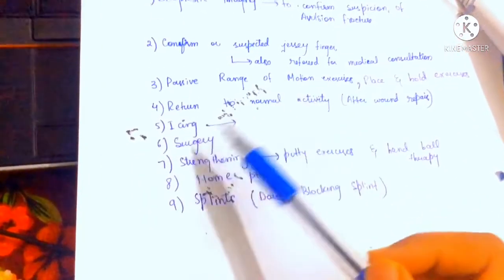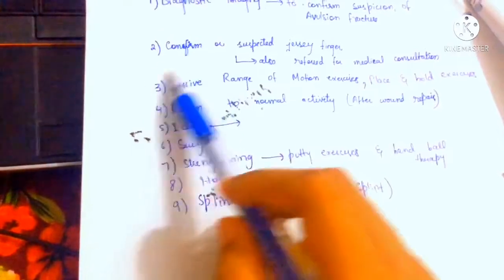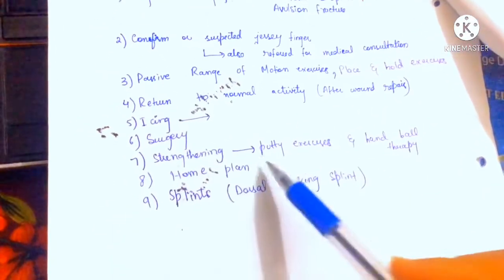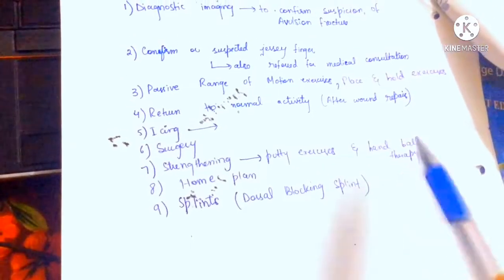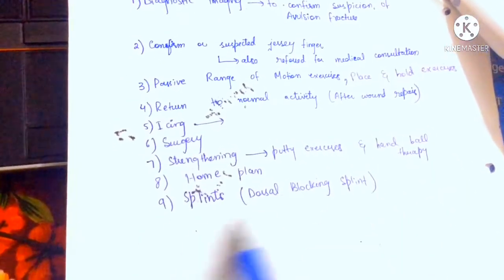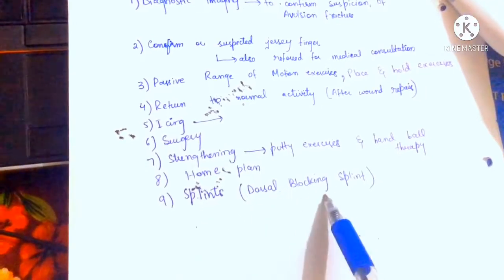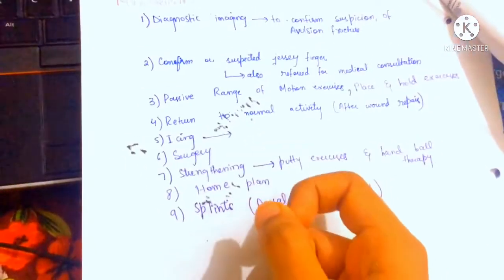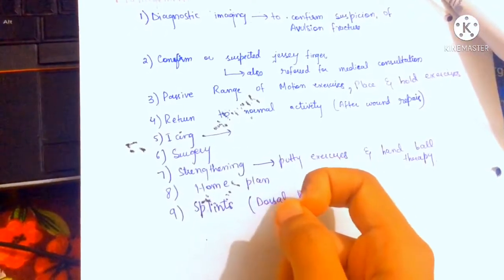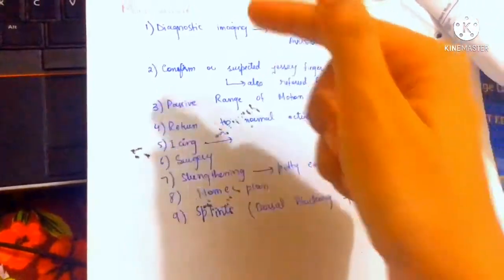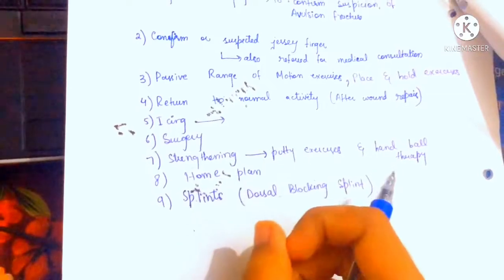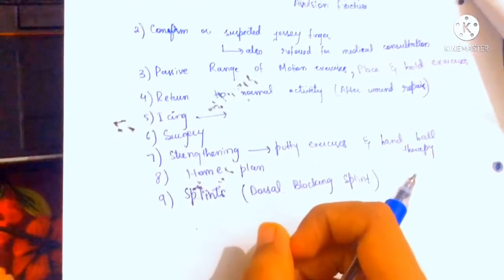Then, if the patient needs passive range of motion exercises, place and hold exercises, and strengthening exercises, such as putty exercises and hand ball therapy, sometimes the patient also needs splints, such as a dorsal blocking splint, which keeps the DIP joint in a flexion position and helps your finger remain in flexion.